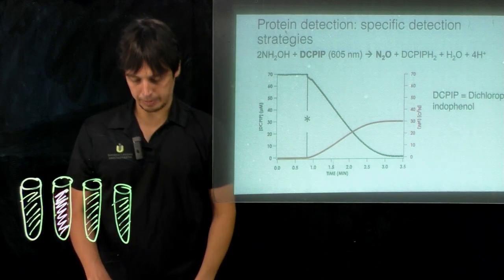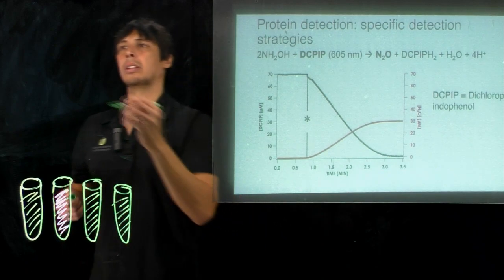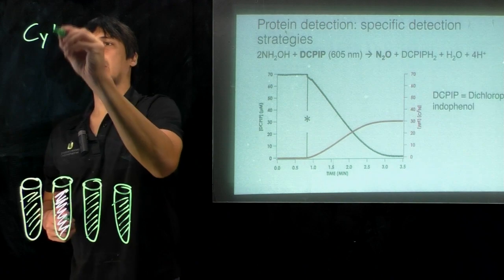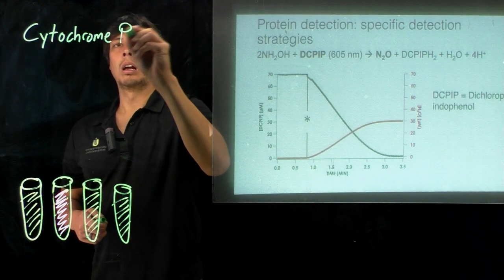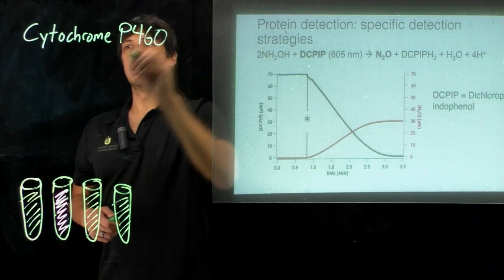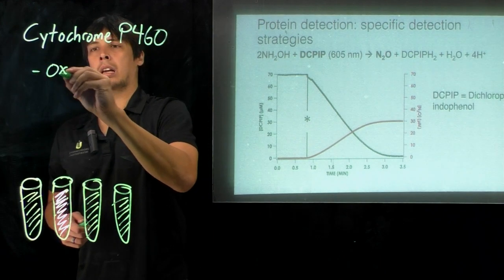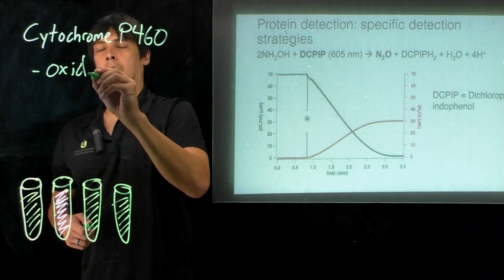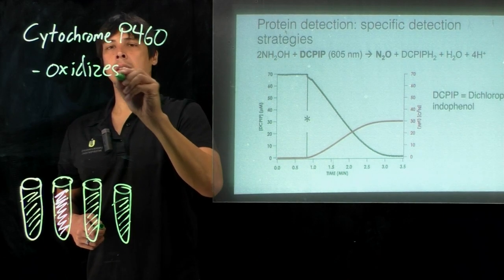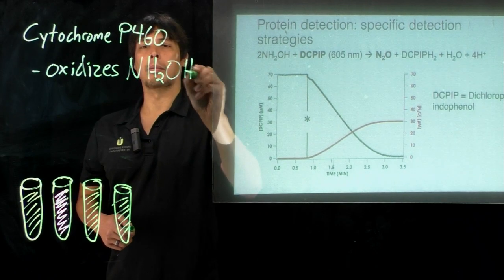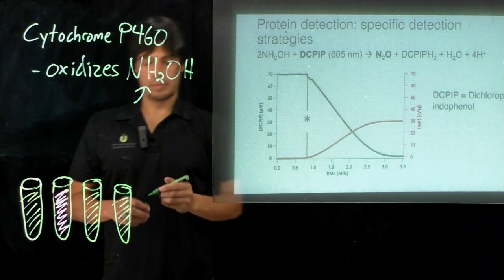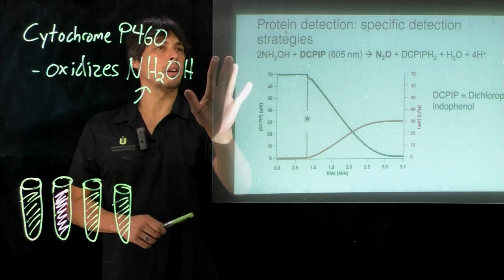And so, for instance, there's a protein called cytochrome P460 that oxidizes hydroxylamine, this molecule here. The balanced equation is shown on the right-hand side.